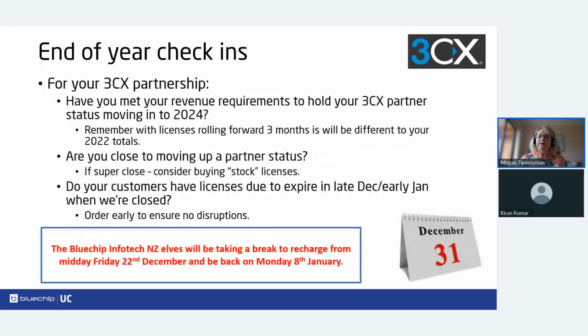The other things from your perspective, from your partnership side, is have you met your revenue requirements for 2023? So when you log into your partner portal, top left-hand side of the screen will show your revenue in US or EU, and they treat it the same, retail values, so not the price you pay to us, for 2023.